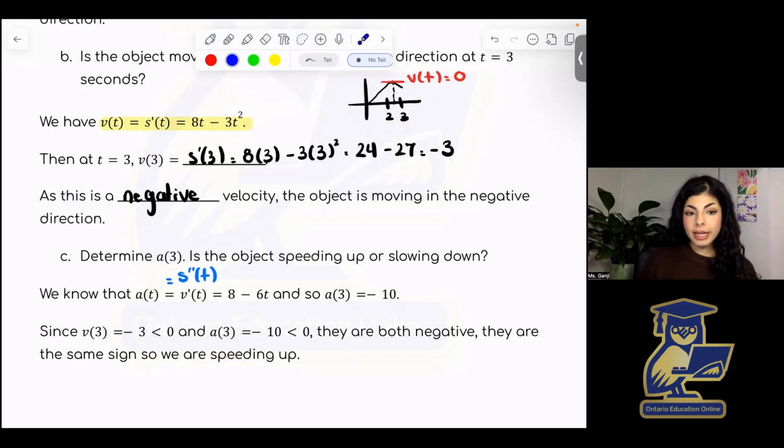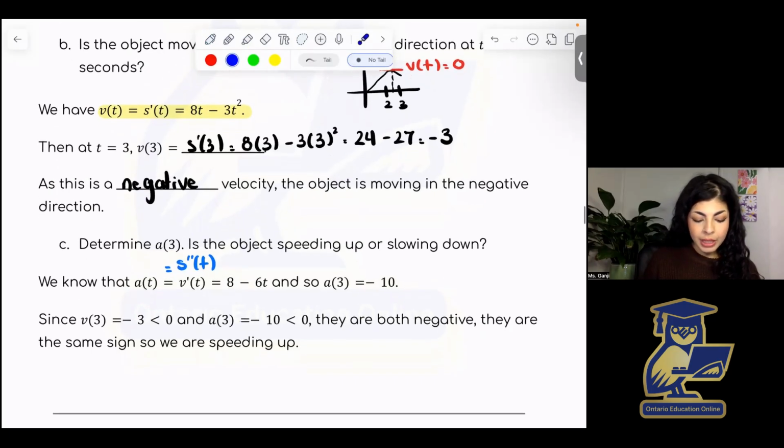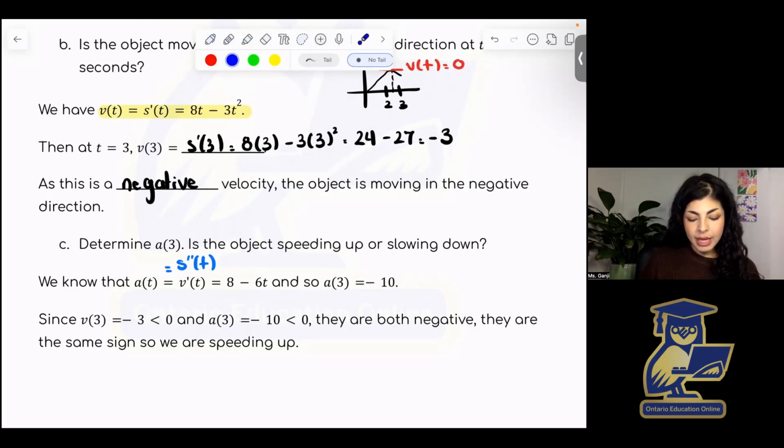Now, this isn't our answer right away. We have to remember that table, and because v of 3 is negative 3 and it's less than 0, and a of 3 is also negative, so it's less than 0, then when you multiply them, you have a positive sign, and that actually means that we are speeding up. So don't be confused by just the fact that this is negative, that that means we are slowing down.